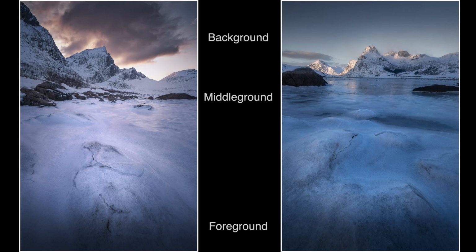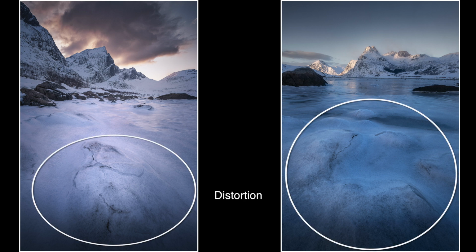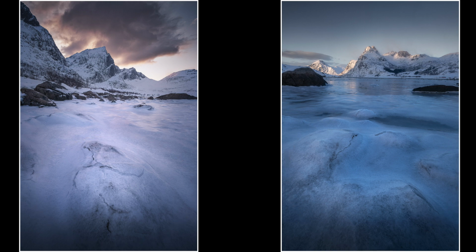And also I used a lot the distortion effect of my wide-angle lens in portrait orientation. And that's something you should definitely use, because that's an amazing tool that you have here. So take advantage of it, get closer to the ground, and start playing with the distortion of your wide-angle lens. You will be amazed.